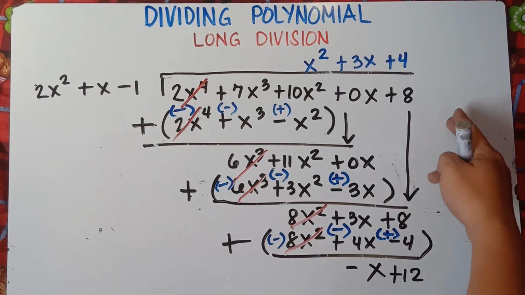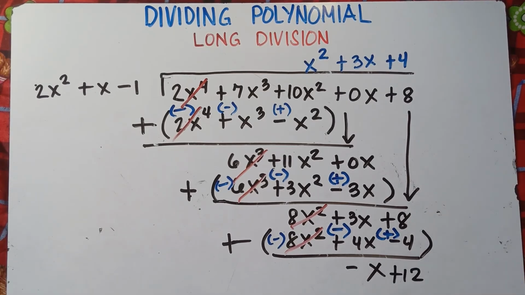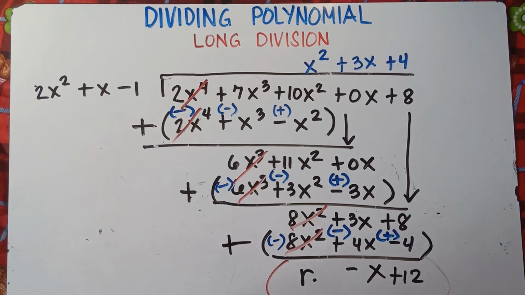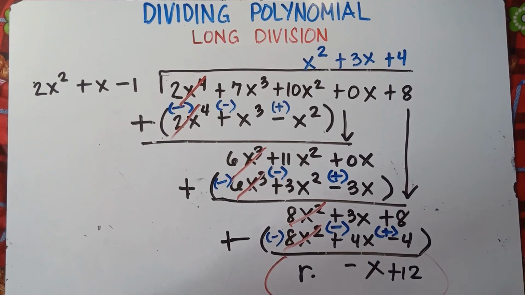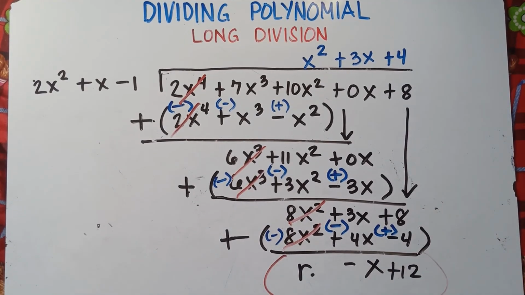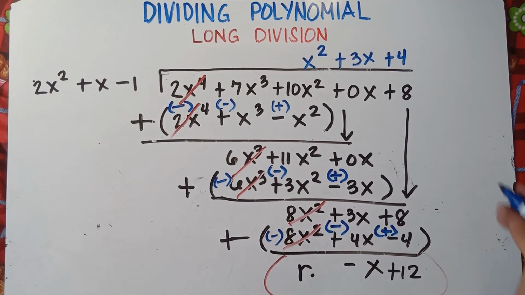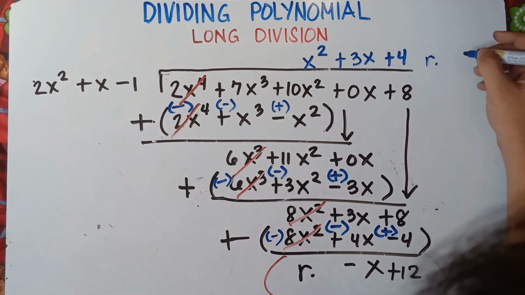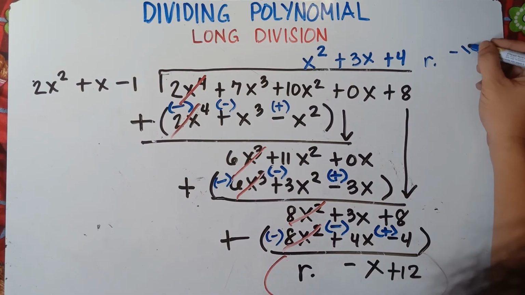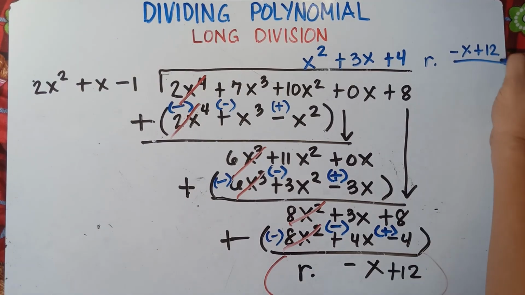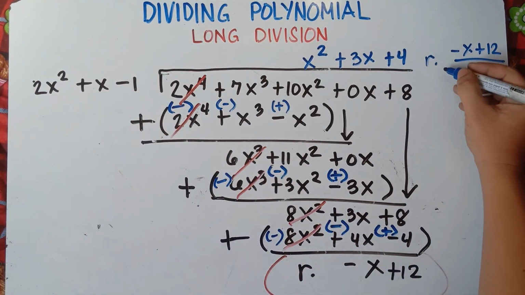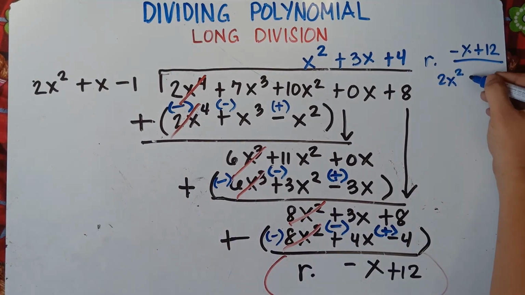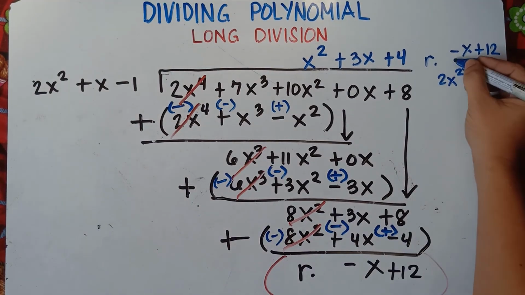That's it, class. We don't have a thing that we need to bring down, so this will be our remainder. Alright, so to write your remainder in your answer, the remainder will be negative x plus 12 over your divisor, class, 2x squared plus x minus 1.